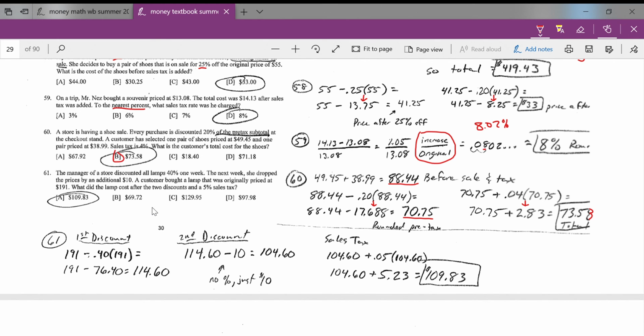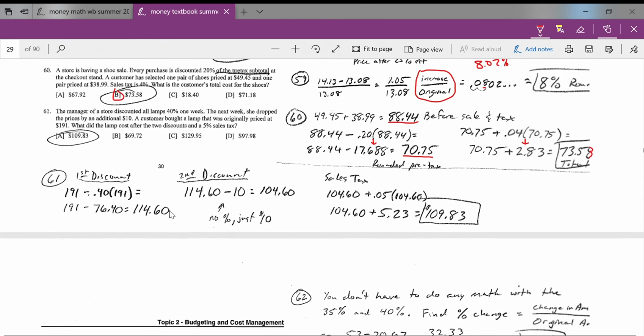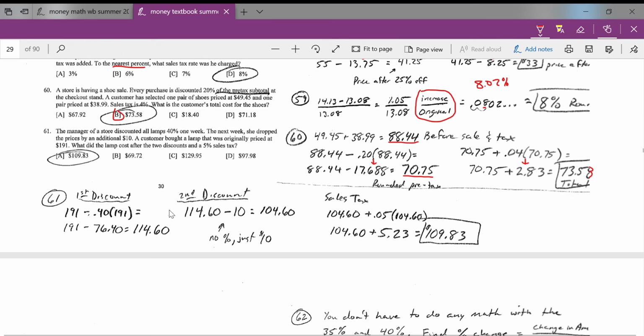Okay, and we got 2 more problems left. Number 61. Manager of a store discounted all lamps 40% 1 week. Then she dropped prices by additional $10. Okay. And then it says a customer bought a lamp that was originally priced at $191.